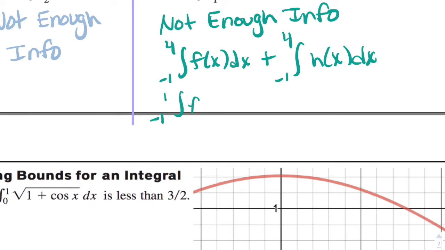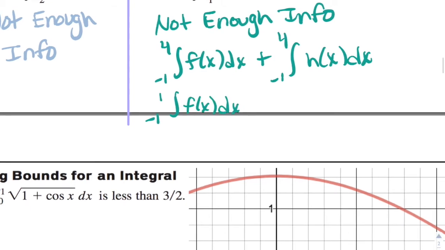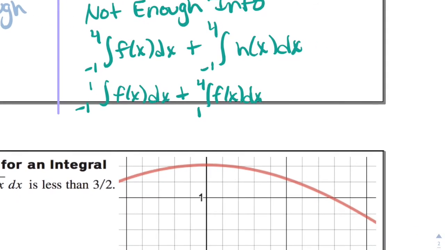The integral from -1 to 1 of f(x) dx, plus the integral from 1 to 4 of f(x) dx. That is fine. And then we have plus the integral from -1 to 1 of h(x) dx. That was when we were listed.